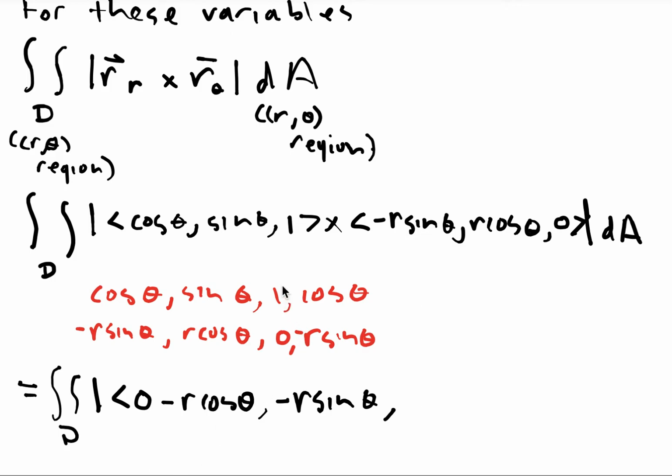If I look at my third column and scratch that out and look at my remaining products of diagonals, here I've basically got an r cosine squared minus a negative r sine squared. So really plus r sine squared.